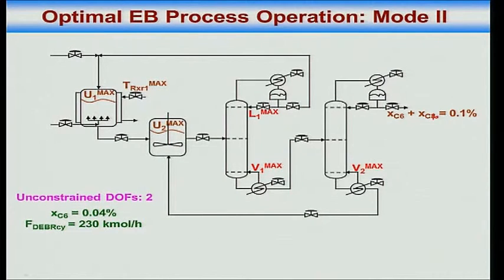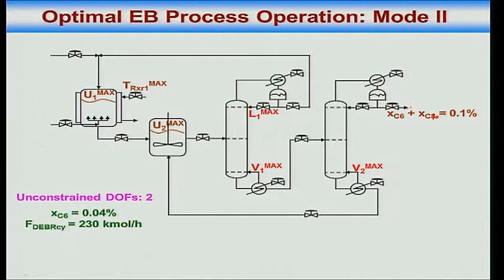But as I am doing that, XC6 is becoming more stringent, smaller and smaller. That means I am allowing lesser and lesser amount of benzene to leak down the recycle column, the first column. So if XC6 is becoming tighter, and V1 max is fixed, there will come a stage when the feed to the recycle column will have to decrease in order to not let benzene leak out.